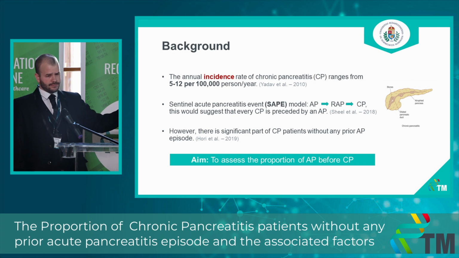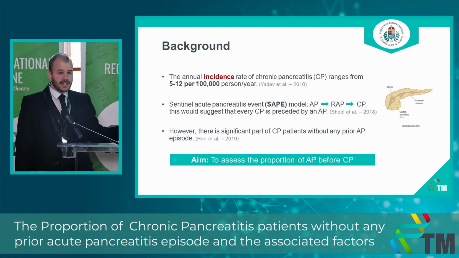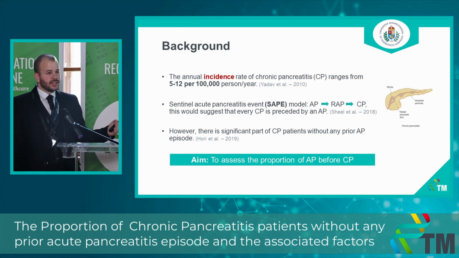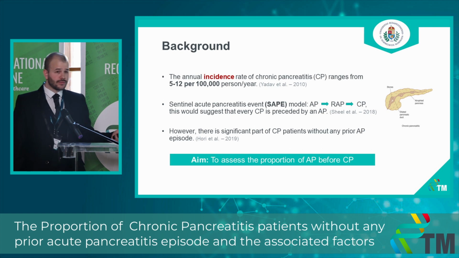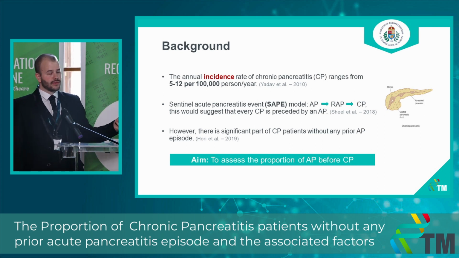However, this sentinel acute pancreatitis model is an interesting hypothesis, but implies that all chronic pancreatitis originates from acute pancreatitis. However, there is a considerable number of chronic pancreatitis patients with no history of prior acute pancreatitis episodes.